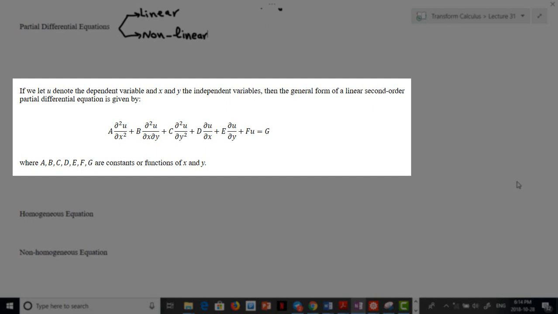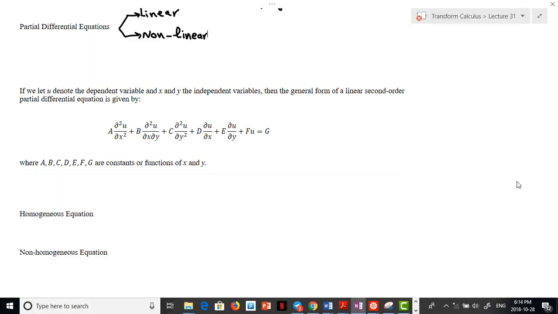This is the general form of a linear second order partial differential equation. In this case, a, b, c, d, e, f, and g are all constants or functions of x and y. So this equation can be a homogeneous or a non-homogeneous equation. g is a function of x and y.